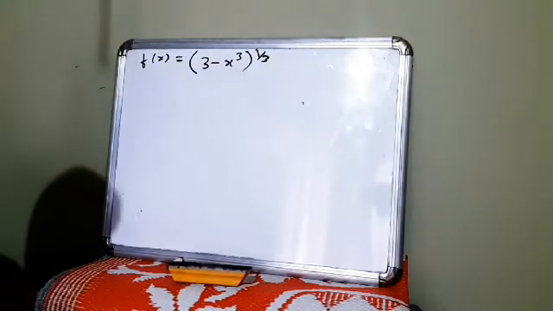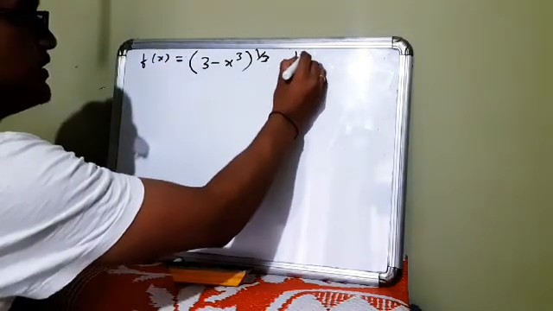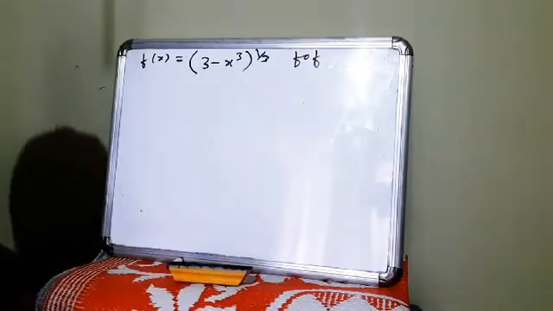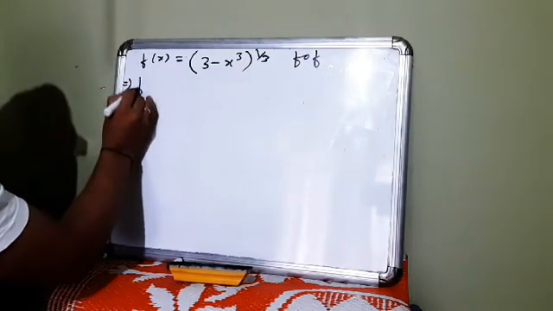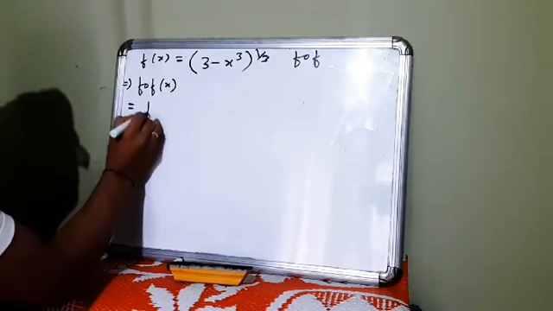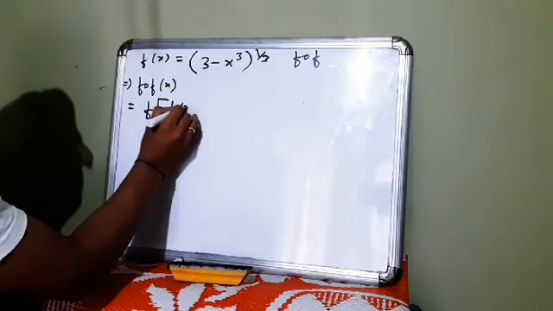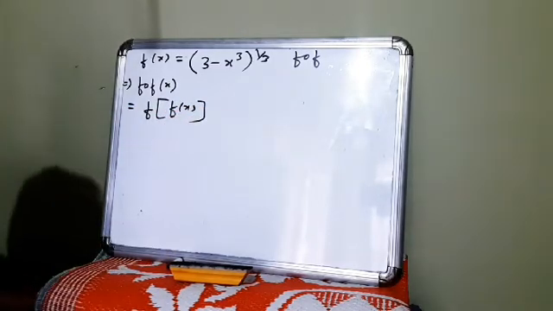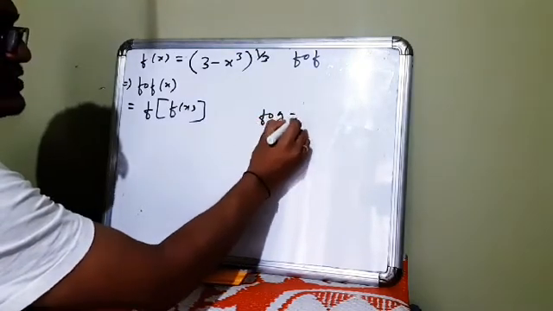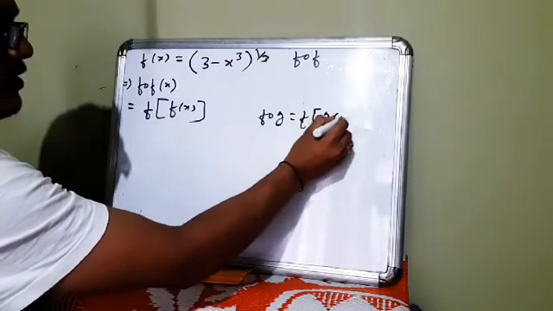Find f composition f. So here f composition f of x is equal to, what is the definition? f of f of x. Here we don't have g now. If we have the g, what do we write? See, f composition g is what? f of g of x.